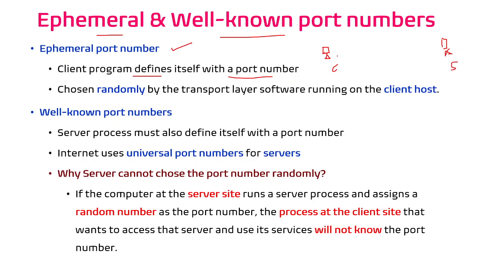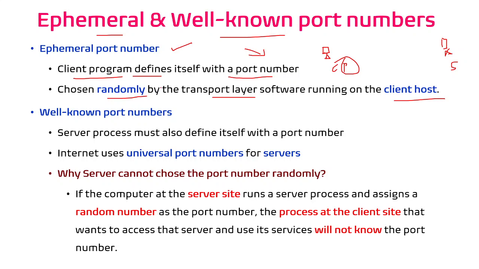As I said earlier, we have to follow the client-server paradigm. So a client program which is running, say for example, I'm opening a browser here. That is actually a client program. This has to define a port number. So at my client system, I have to define a port number that has been opened for a particular client program. This port number which I open at the client side is chosen randomly by the transport layer software running on the client host.